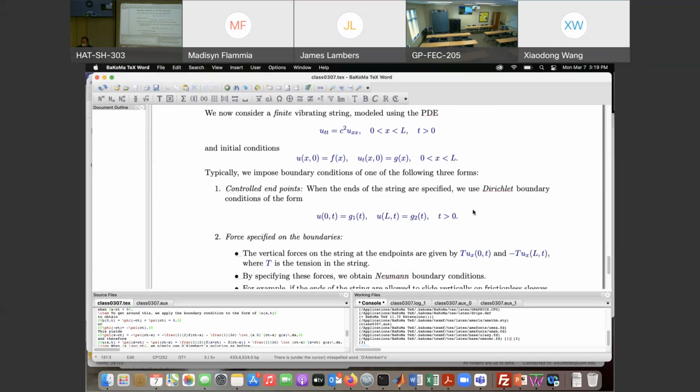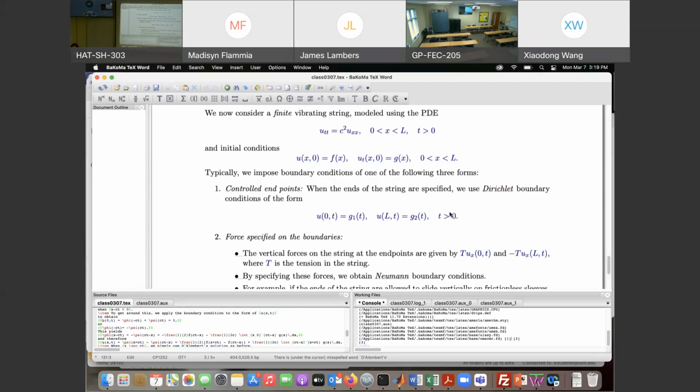So here, the type 1 or Dirichlet boundary conditions: u is equal to some given function g1 at x equals 0 and some given function g2 at x equals L. For most problems these would be 0, but there's always a possibility of non-homogeneous boundary conditions, which you know how to handle for a heat equation, and you can carry out a similar process for a wave equation.